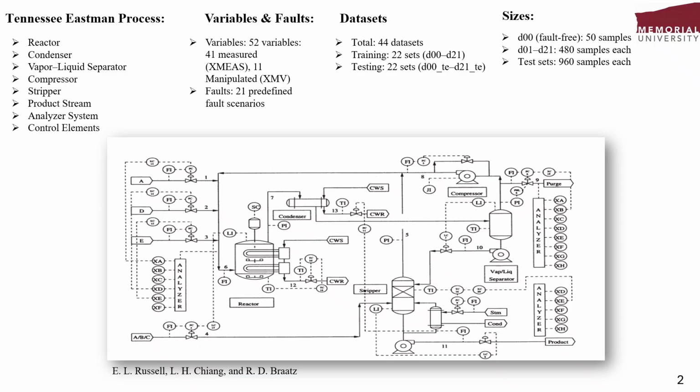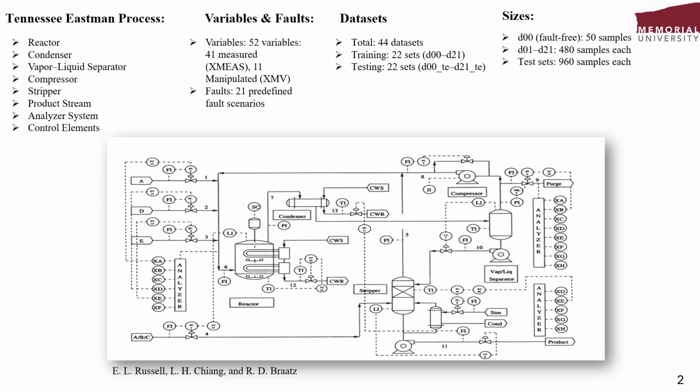For the measurements, we monitor a total of 52 process variables, 41 of them sensors capturing temperature, pressure, flow rates, and compositions. And also we have 11 manipulated variables, or we can call them inputs, which are the product of human intervention or control system intervention.